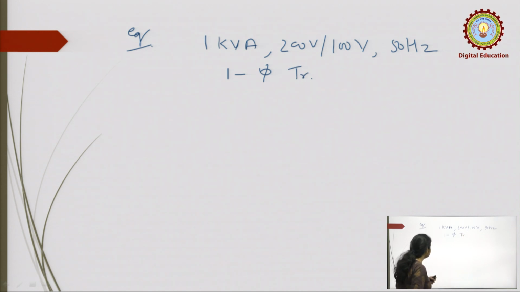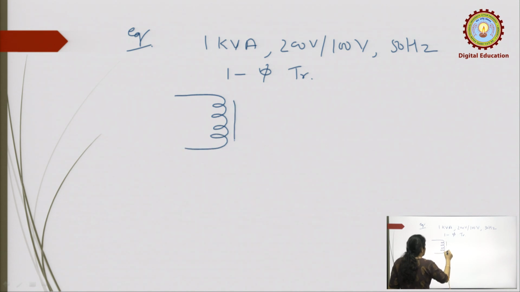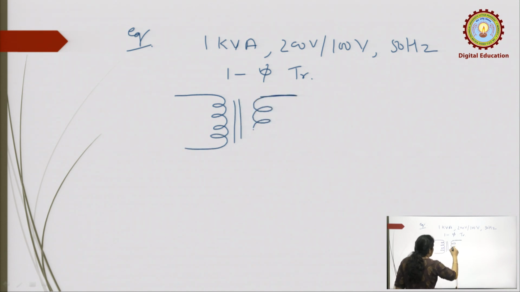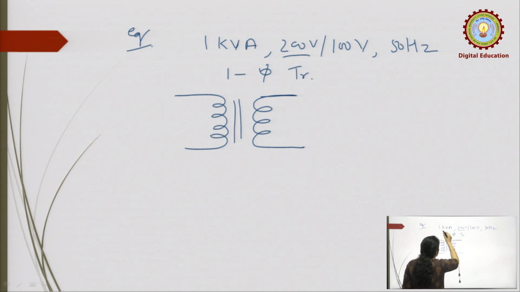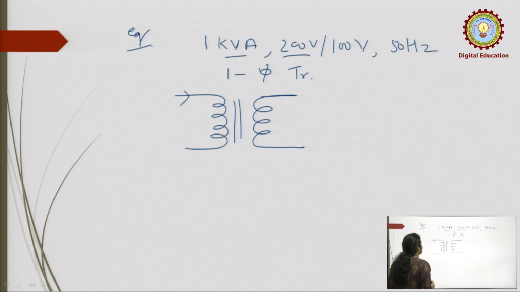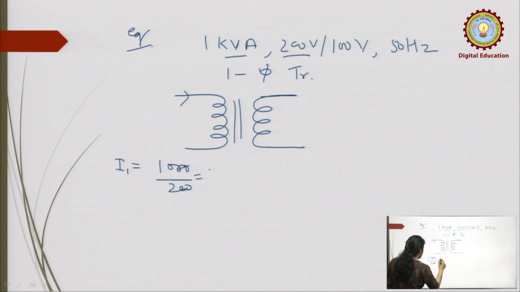So, this is a 2 winding transformer and it is 1 kVA, 200 volt. So, this side current I1 will be 1000 divided by 200, so it is coming out to be 5 ampere.